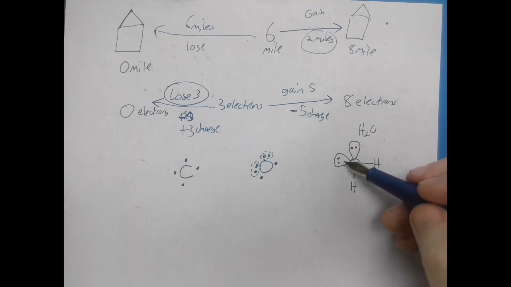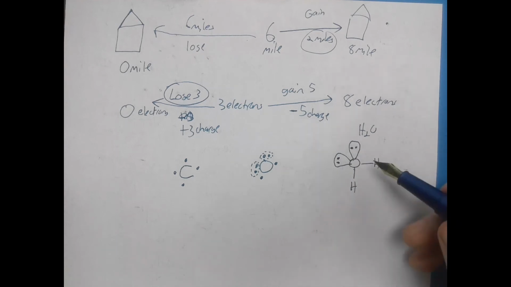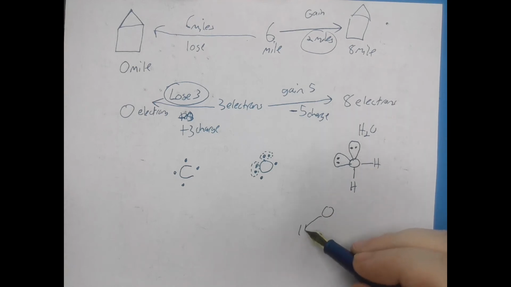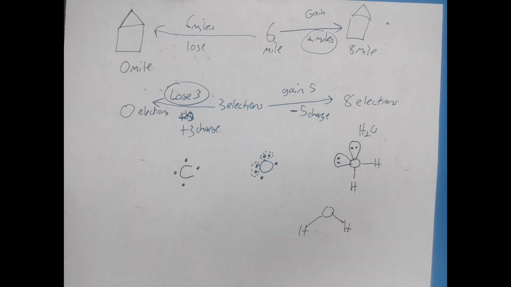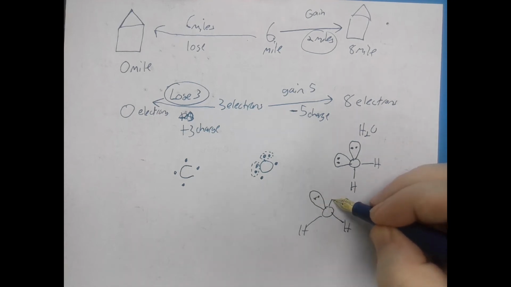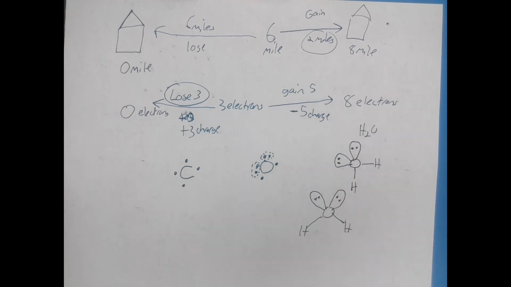We usually don't write the electron pairs in it, but that's the reason why a water molecule is shaped like this: there are invisible 2 electron pairs on the opposite sides, making it purely symmetrical.